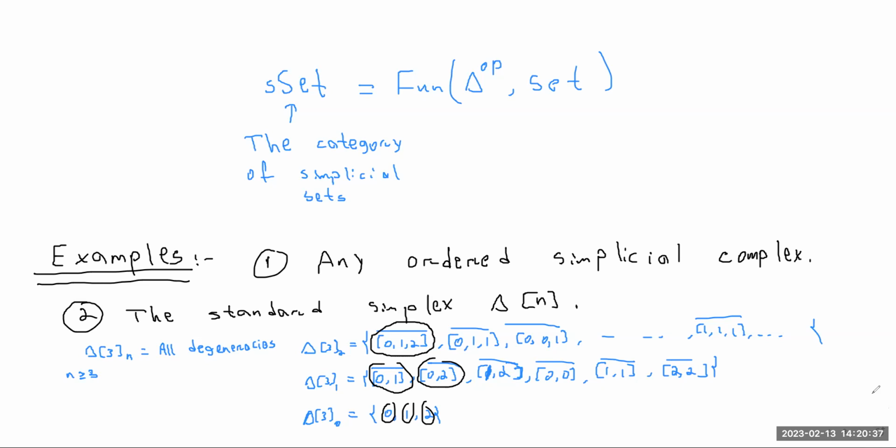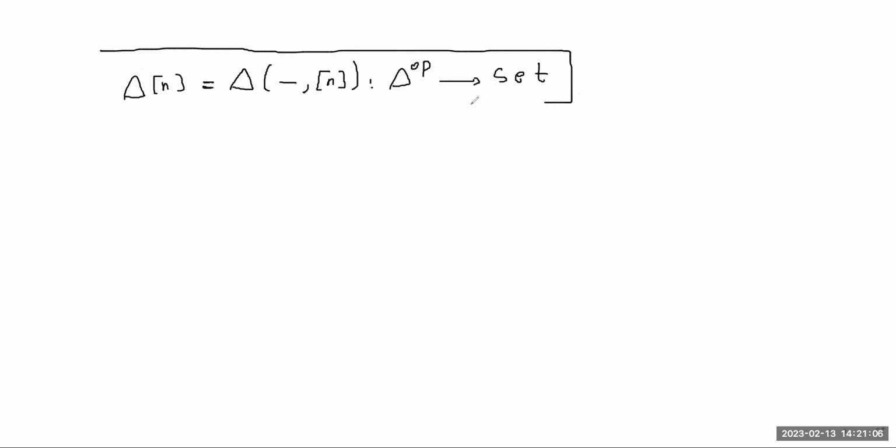One can see this Delta n as a functor, a representable functor from Delta opposite to Set. It will be a good exercise to convince yourself that this is what happens, that this is the functor we have.